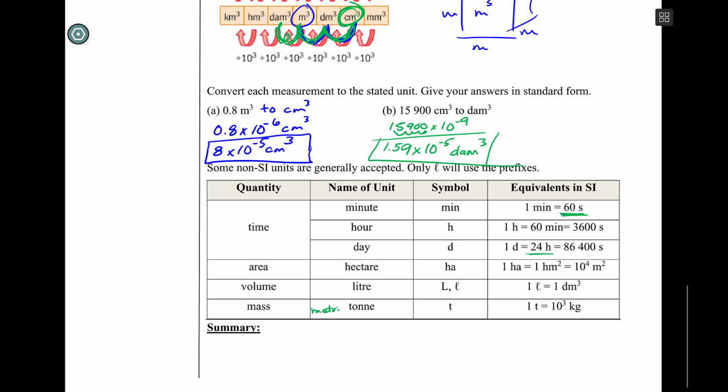Now, you guys might think back in your English units of measurements that 1 ton is 2,000 pounds. That is TON, not TONNE. Okay, this is the English ton, is 2,000 pounds. A metric ton is 1,000 kilograms. We call that a metric ton, and that is 1,000 kilograms.